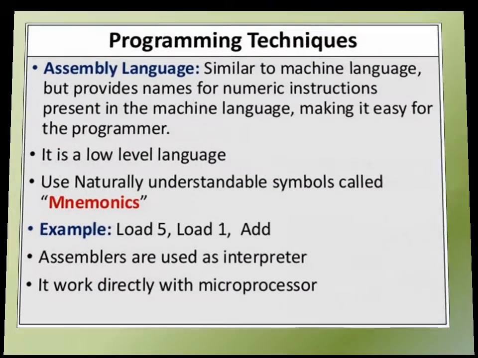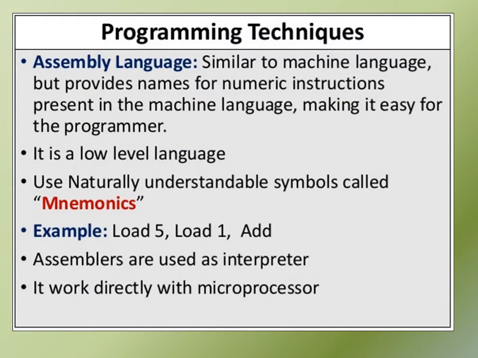Now we are going to see the assembly language. Sometimes it is referred to as assembly or ASM. An assembly language is a low-level programming language. Programs written in assembly languages are compiled by an assembler.